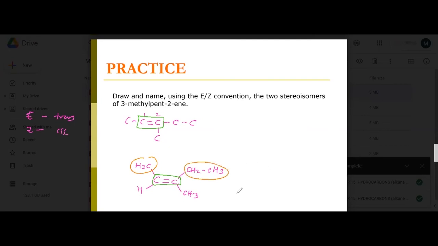Ethyl has the higher priority. So this is the Z isomer of 3-methylpent-2-ene. To change to E, you just move this to this or this to this. I think you already understand how to make them opposite each other.